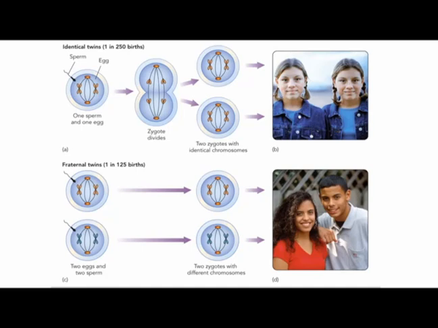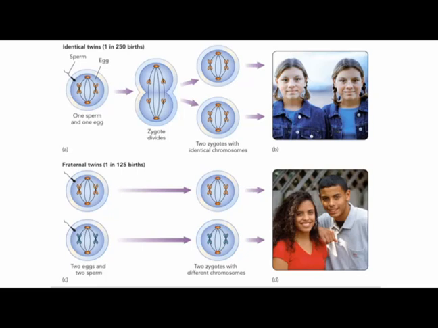Now, I told you that this class of twin, this identical twin, can also be called monozygotic twins. And that's because it comes from originally a single zygote, a single fertilized egg. So that's why it's called monozygotic. And we'll use the terms identical and monozygotic pretty much interchangeably because both are used fairly often.